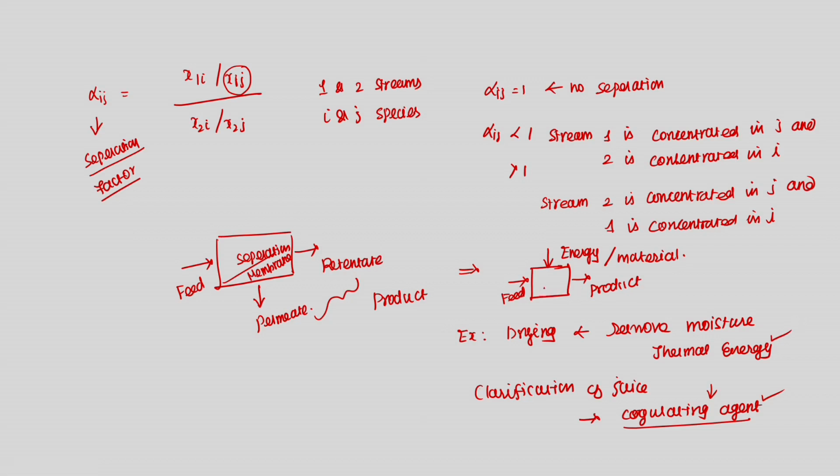So, to separate the desired product from the feed, we need to use either energy or a material. It is similar to a phenomenon you might have studied in chemistry, right. You use a catalyst to reduce the activation energy of the reactants. Here also, the energy or material you use helps in exceeding the activation energy of the separation.